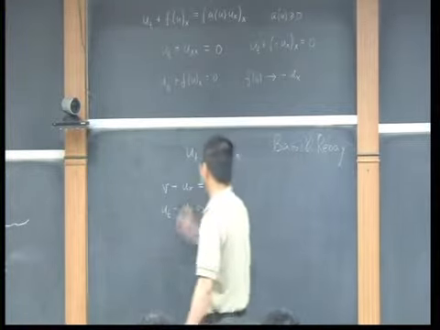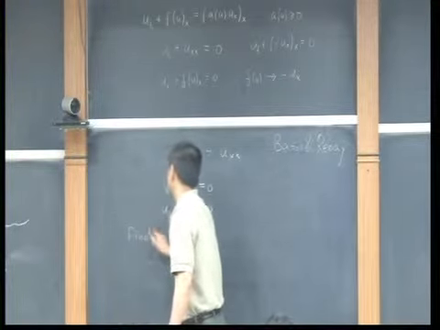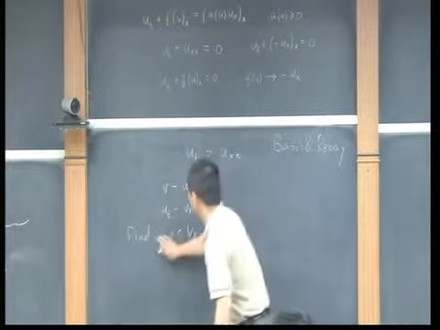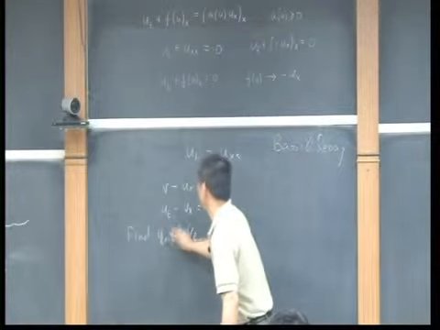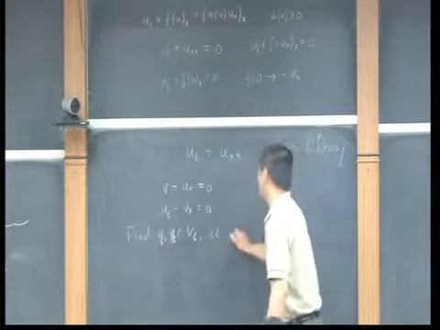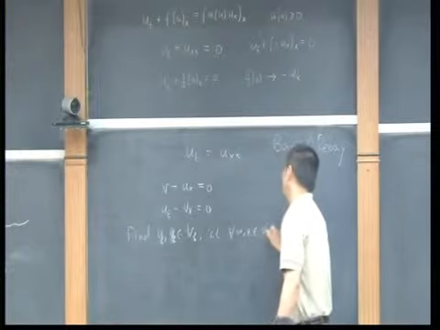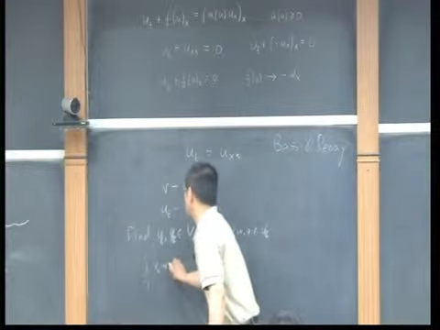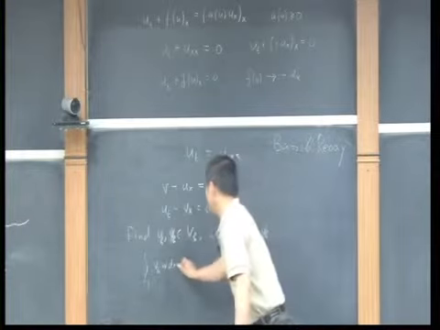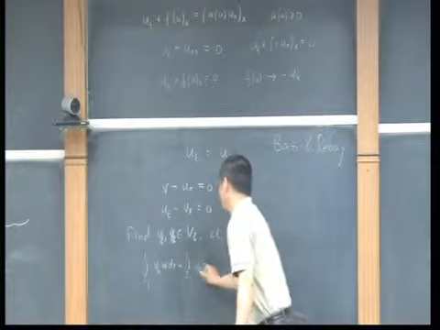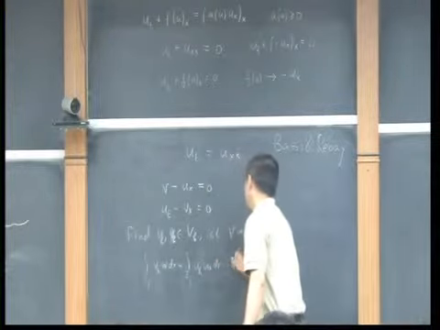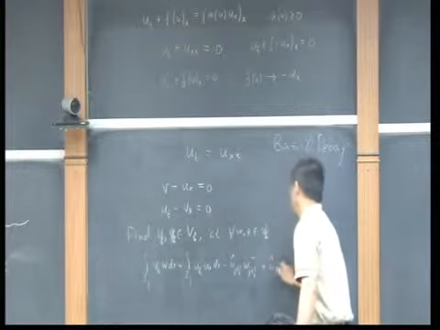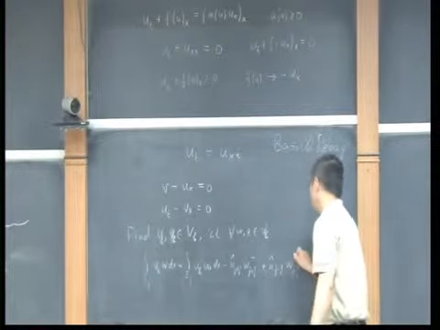So for example, the DG scheme reads: find uh, vh belonging to Vh such that for any w and z also in the space, we have, for this first equation, just write down the DG: the integral of vh times w dx, plus, integrating by parts, the sum over j of the integral of uh w sub x dx, minus u hat at j plus half times w at j plus half minus, plus u hat at j minus half times w at j minus half plus, equals 0.